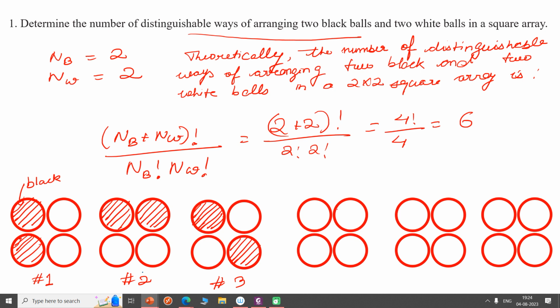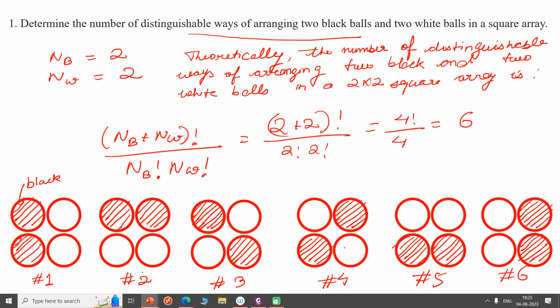Again, it is crisscross, but it is distinguishable. Fifth one, configuration 5, and sixth one, configuration 6.